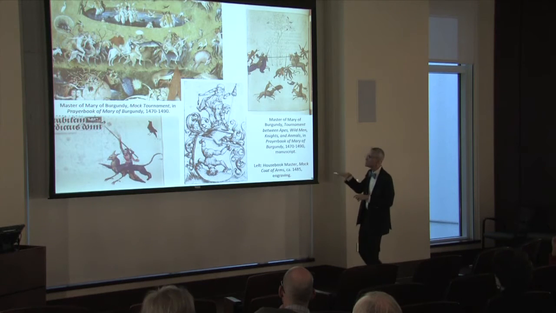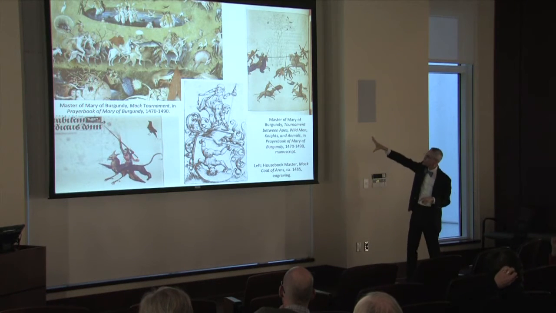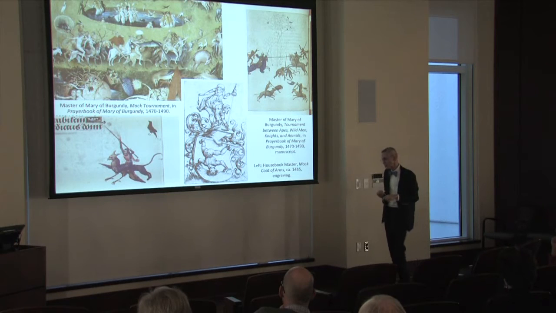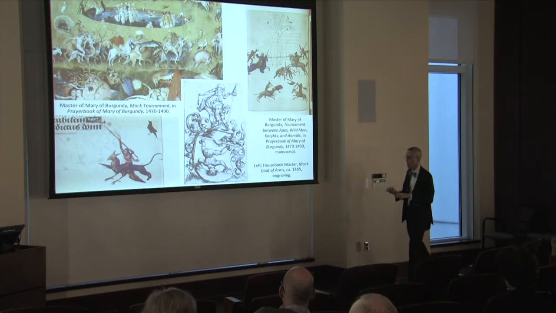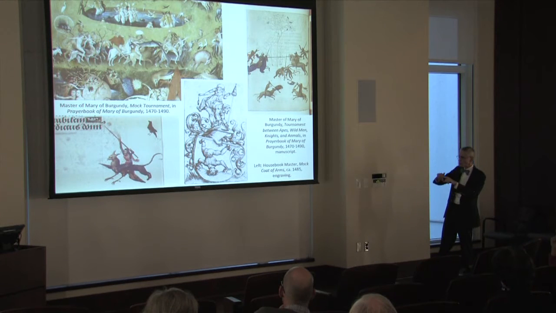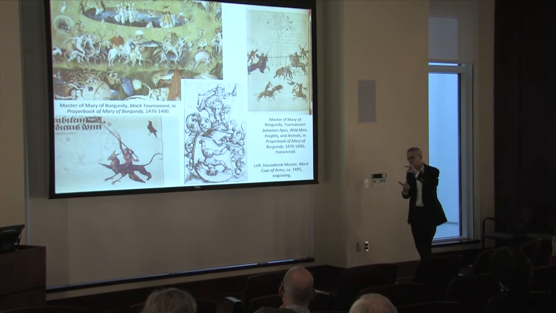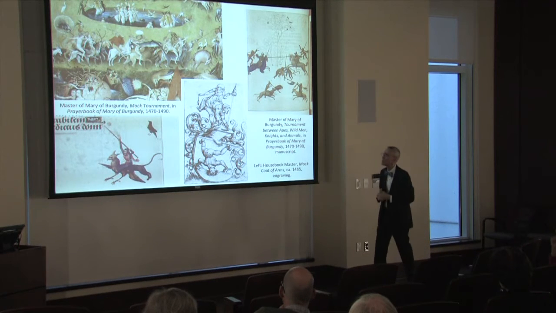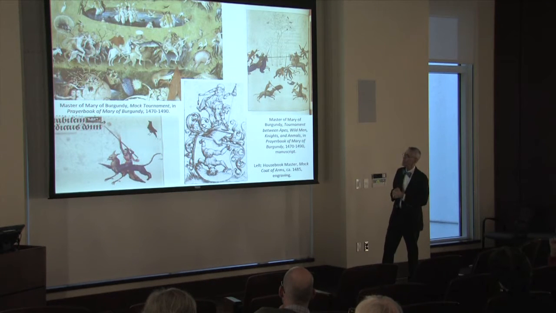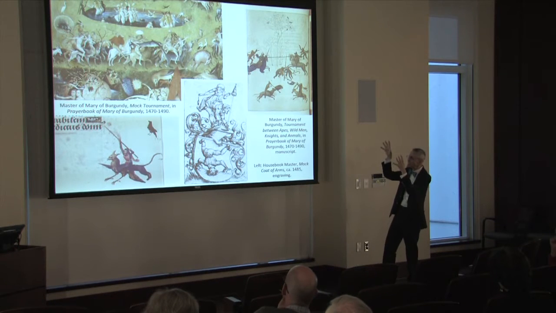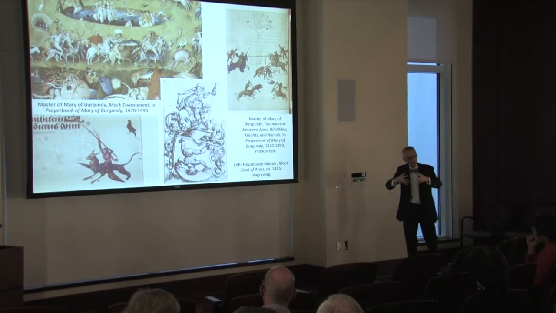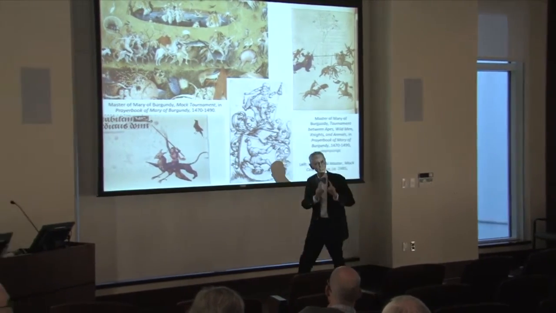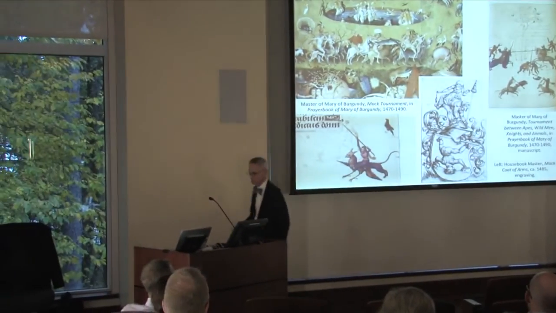What Bosch has done is to take what inhabits the margins, and marginal imagery can be very sexualized and very ironic. It can often be, so to speak, topsy-turvy. It can turn your expectations of decorous behavior on their head. And what Bosch does is to take what's going on in the margins and put it in the center of the image to show that something very strange is going on here.